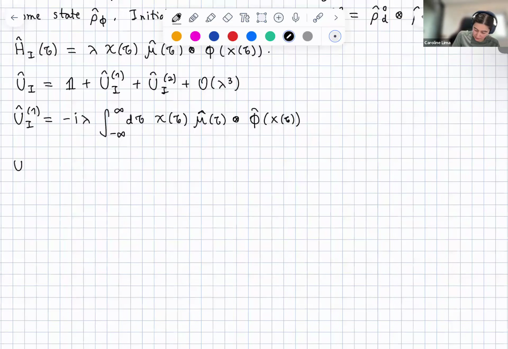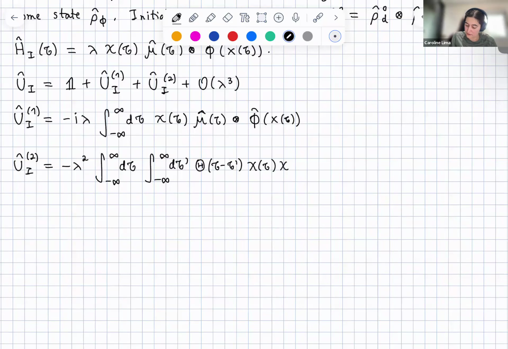Now for the second order correction, in our case, what we have is minus lambda squared, then the integral from minus infinity to infinity of d tau, integral from minus infinity to infinity of d tau prime times the Heaviside theta of tau minus tau prime, chi of tau, chi of tau prime, then mu of tau, mu of tau prime, and then tensor product here of phi of x of tau, phi of x of tau prime.